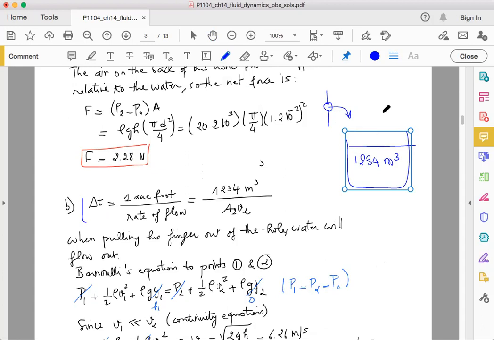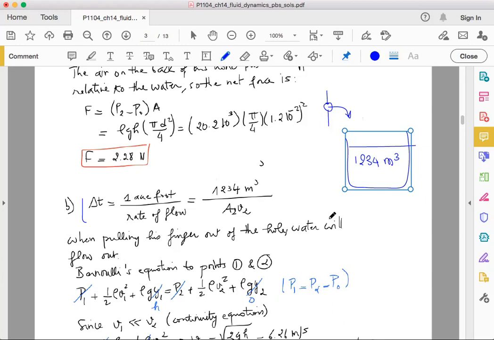Then we can calculate the time by dividing the total volume by the rate of flow. So that's why we will need to determine the rate of flow.